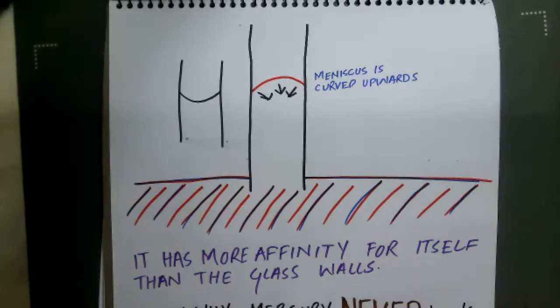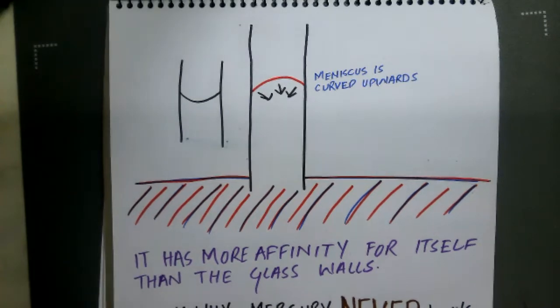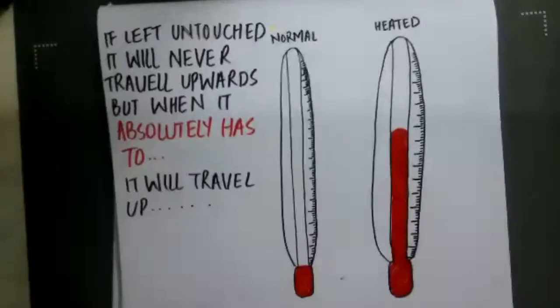Okay, and why this is useful in a thermometer is because if the attraction between mercury and the glass wall were greater than the attraction between the mercury atoms, then the mercury would have clung on to the tube even when it should have shrunk due to a drop in temperature.